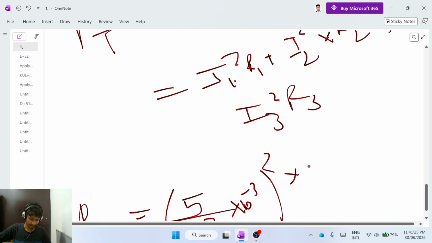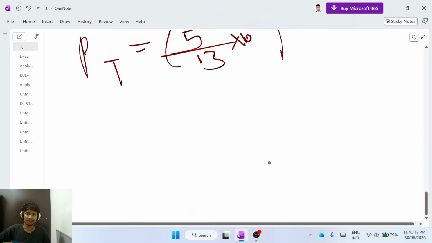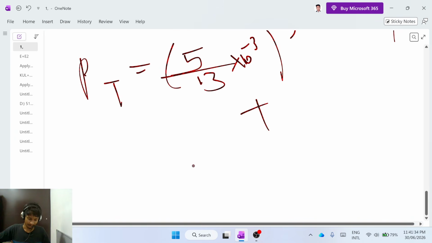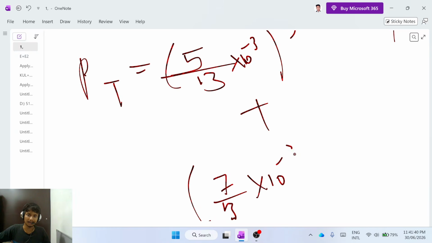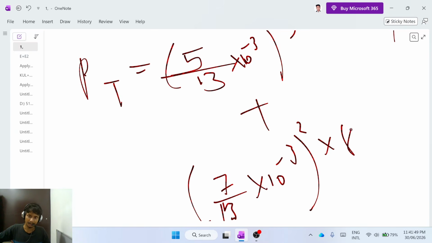What is R1? R1 is 6 kilo ohms, that is 6 into 10 to the power 3. Plus 7 by 13 into 10 to the power minus 3, whole square, because I2 is 7 by 13 milliamps, into R2, which is 8 into 10 to the power 3 ohm.